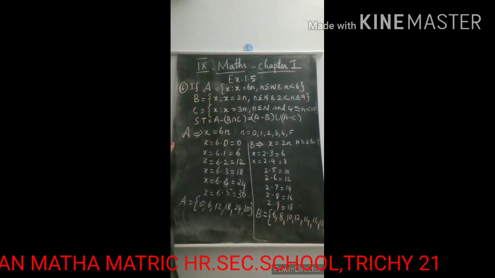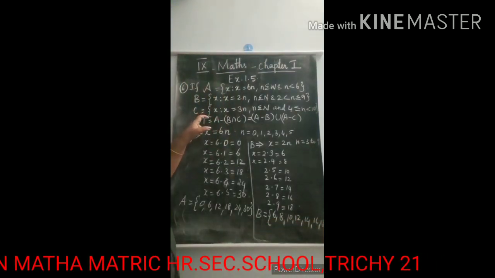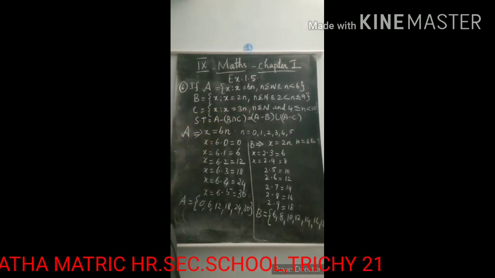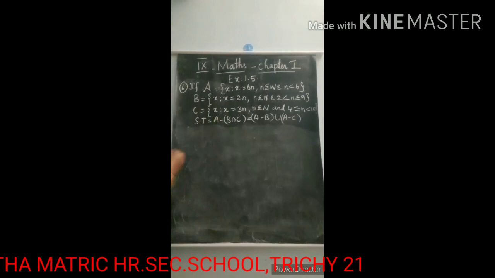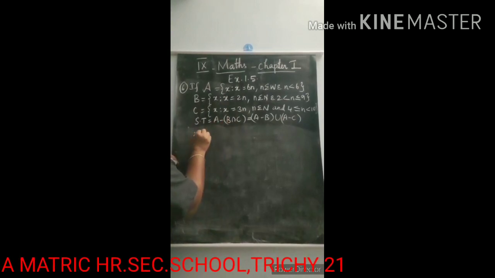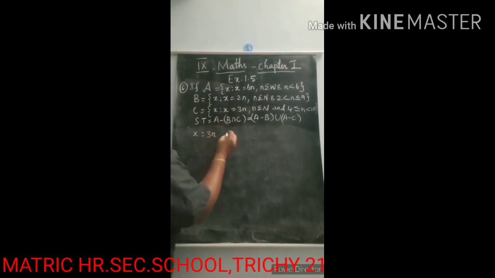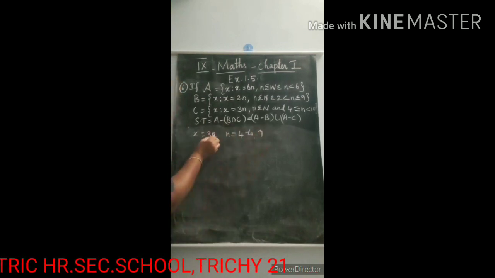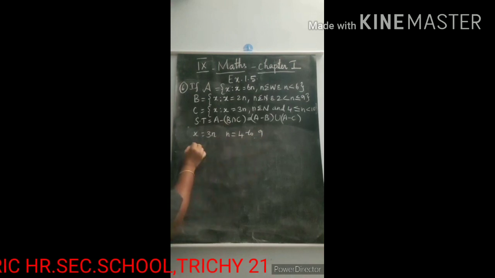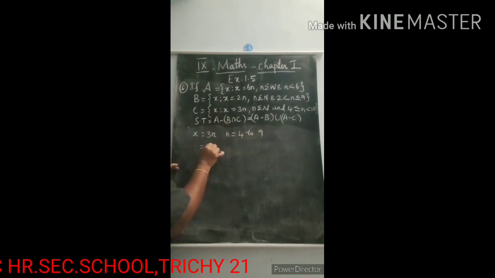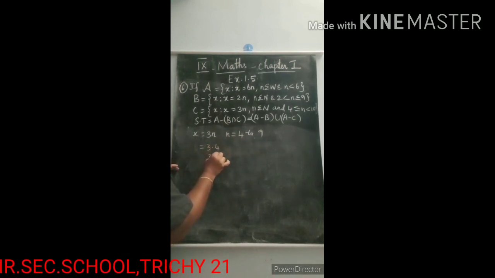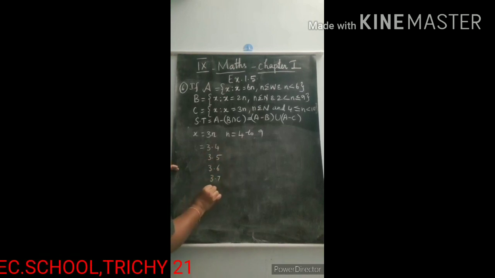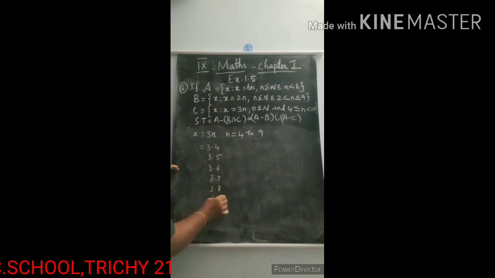Can you understand? Next we will find out C, where x is equal to 3n. So n is equal to 4 to 9. You have to substitute 4 to 9 instead of n. So that is 3 into 4, 3 into 5, 3 into 6, 3 into 7, 3 into 8, 3 into 9.